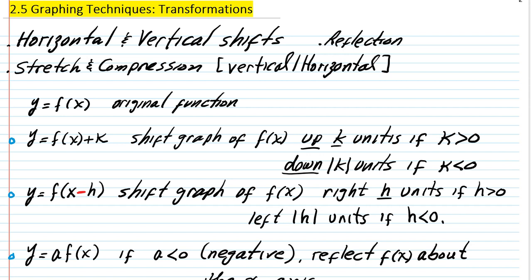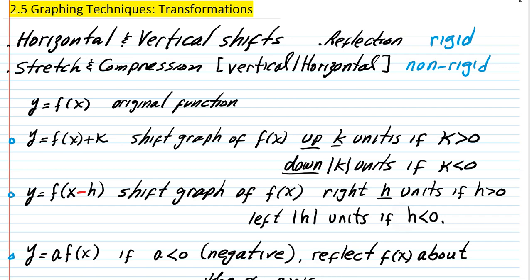Those that cause a stretch or compression are non-rigid. So I'm just going to go ahead and write those for reference. These will be what we call non-rigid transformations. Reflections and horizontal and vertical shifts are rigid. Again, they preserve the original shape without distorting it.